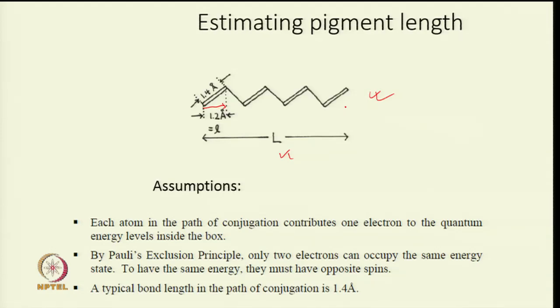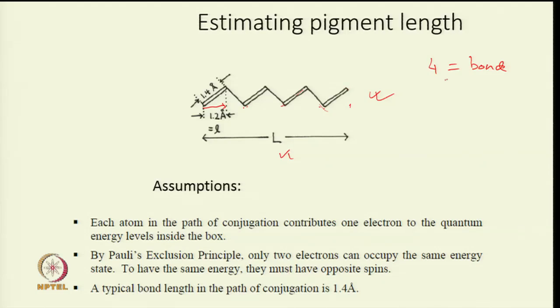So, for example, if it is a 4 double bond system, now you see here 1.2, 1.2. So, this is 2.4, this is 2.4, this is 2.4, and this is 1.2. So, 1, 2, 3, 4, 5, 6, 7.